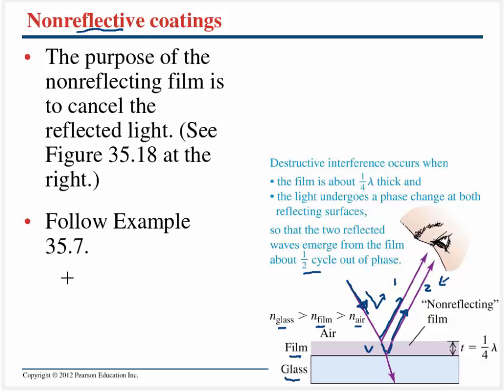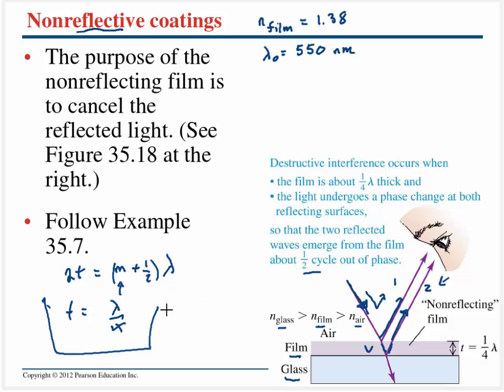So how do we get destructive interference when there's no relative phase shift? Well, 2t is going to be equal to (m + 1/2) multiplied by the wavelength. So for the thinnest possible thickness, if m is equal to 0, t is simply going to be equal to lambda divided by 4.